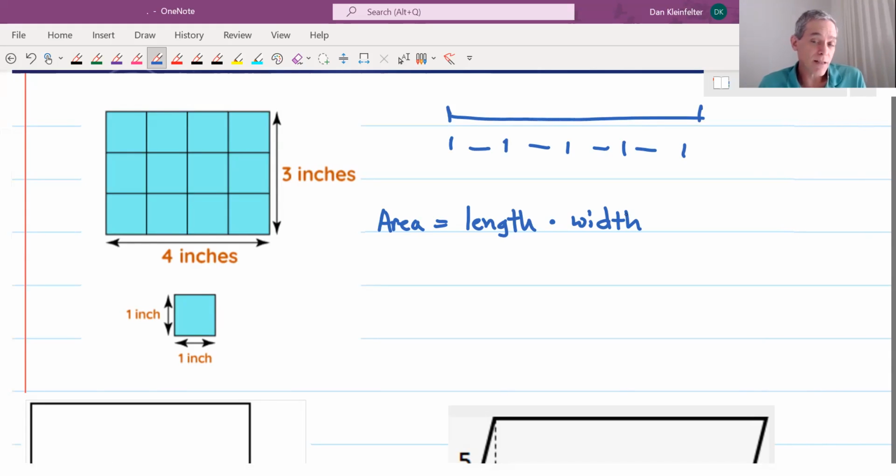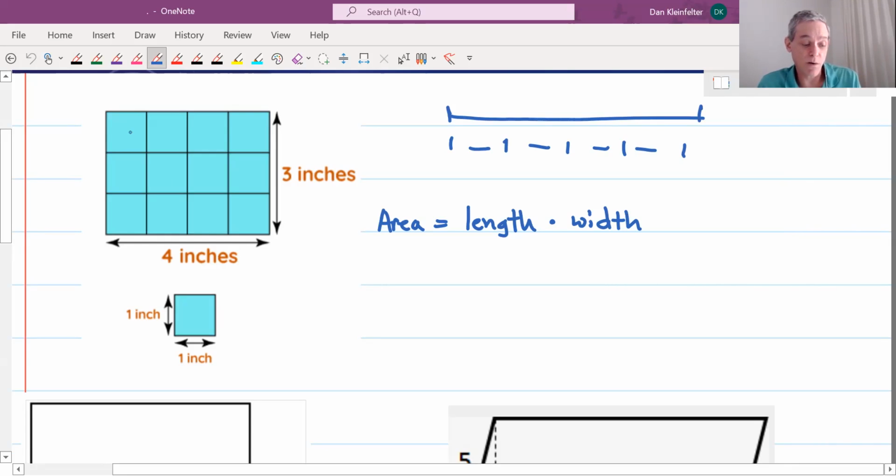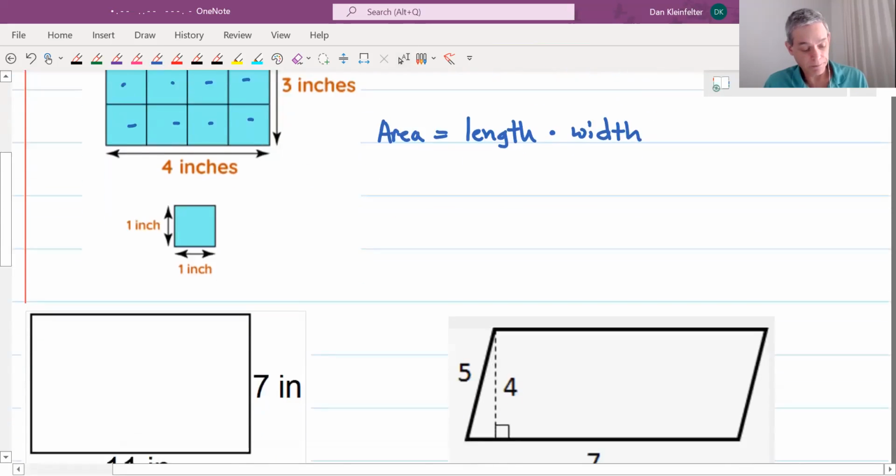The width tells you how many squares there are in one row, and then the length tells you how many rows there are. We use multiplication because it enables us to count up all these squares so that we're not saying 1, 2, 3, 4, 5, 6, 7, 8, 9, 10, 11, 12, right? So that's the way that works. The area of a rectangle is the product of its length and its width.